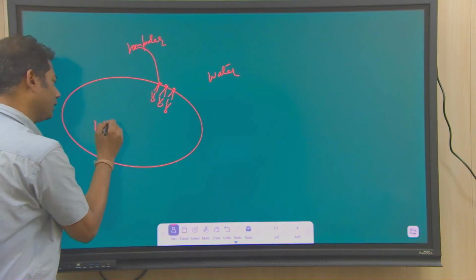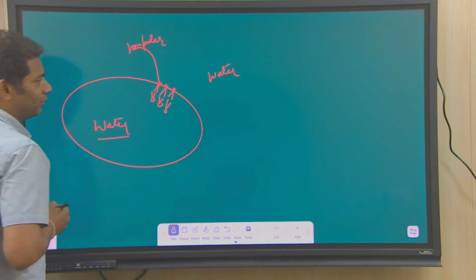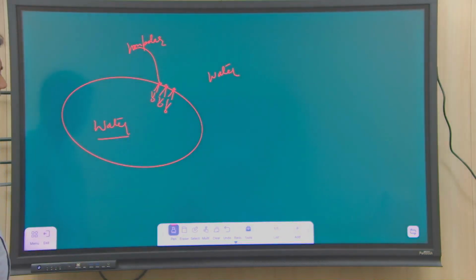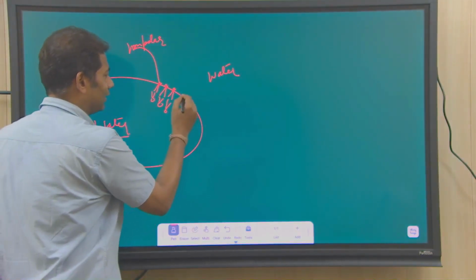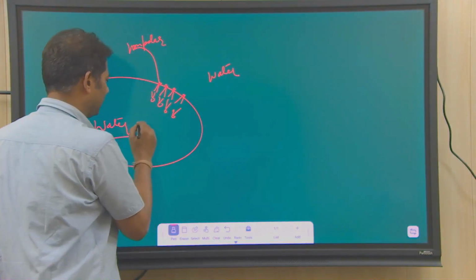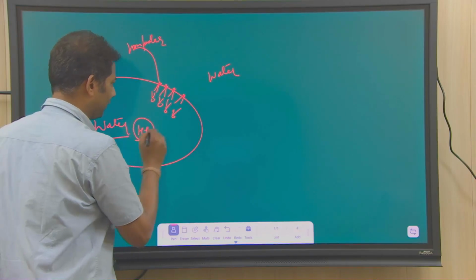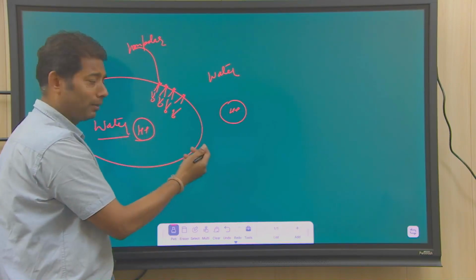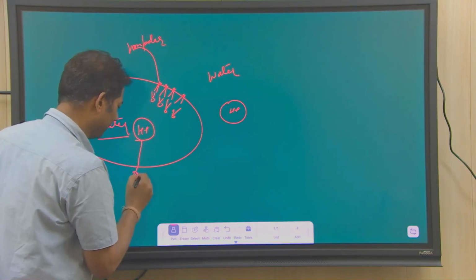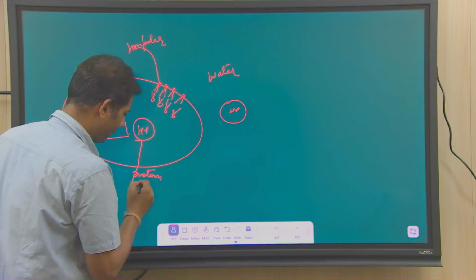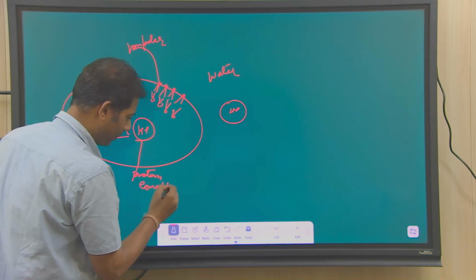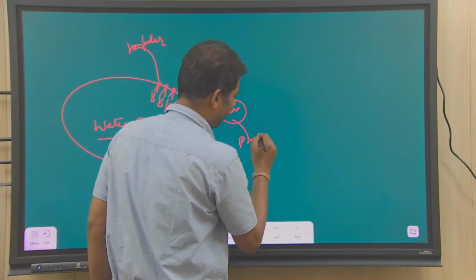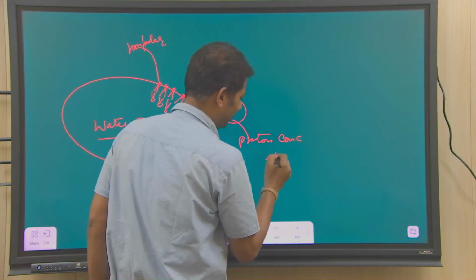The internal environment is water, that is polar in nature. So this membrane is like a wall. And in this case, the difference is the high proton gradient. The difference is the proton concentration across the membrane. Here, the proton concentration is high. Here, the proton concentration is low.